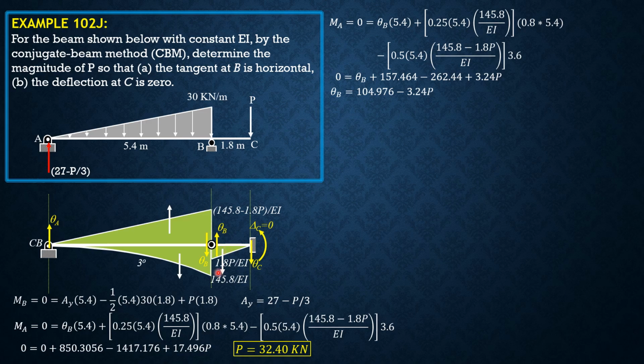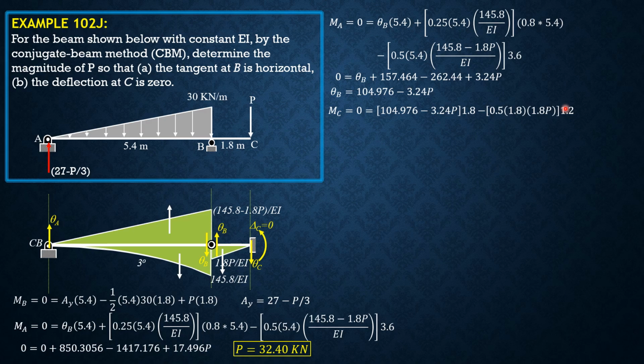So this is the equivalent area of this loading. So moment at C equals 0 equals theta B, 104.976 minus 3.24P, times 1.8, then minus the area 0.5 of 1.8 times 1.8P times 2/3 of 1.8, which is 1.2.